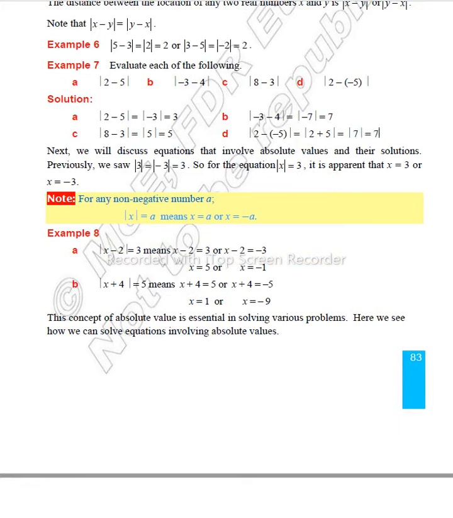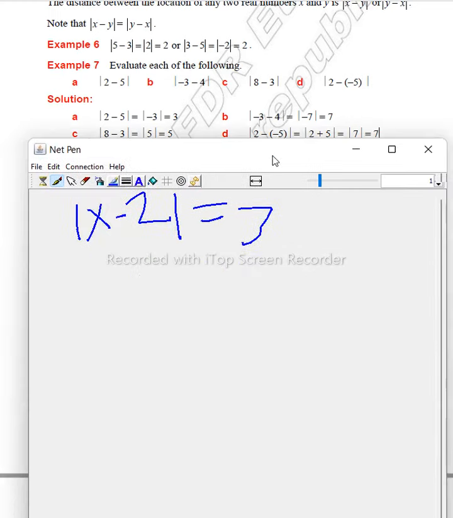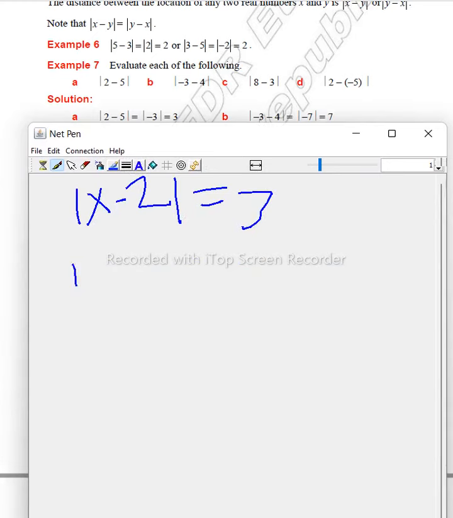Let us do another example. For any non-negative a, the absolute value of x is equal to a means x is equal to a or x is equal to minus a. The absolute value of any number, as you say, may be negative or positive. So let us do this example: the absolute value of x minus 2 is equal to 3. Here we can say that x minus 2 is equal to plus or minus 3.